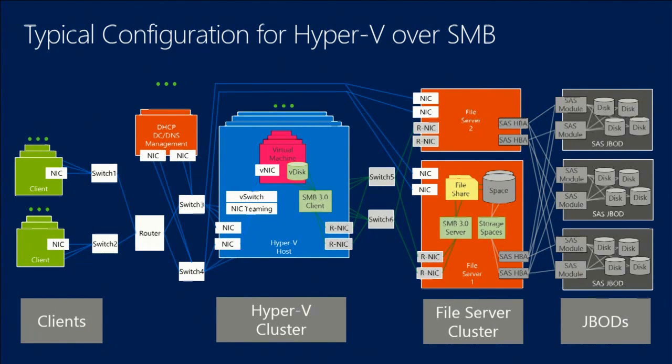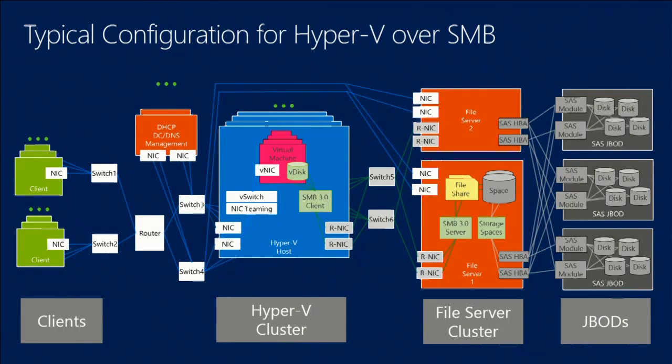And it's no coincidence that I'm using 3 JBODs, because that's how you can get JBOD fault tolerance with storage spaces, right? So there is an option in storage spaces where you can say, I want my mirroring to be enclosure aware, meaning that one copy of the data goes into one JBOD, the other copy of the data goes into another JBOD. You can lose an entire JBOD and the data is still available, right?